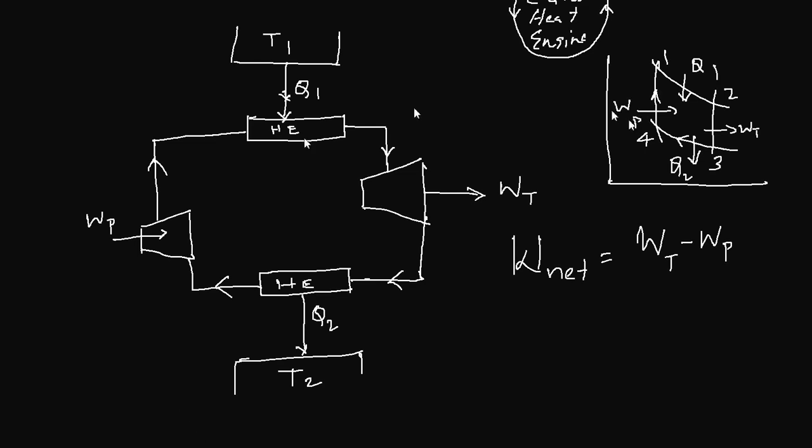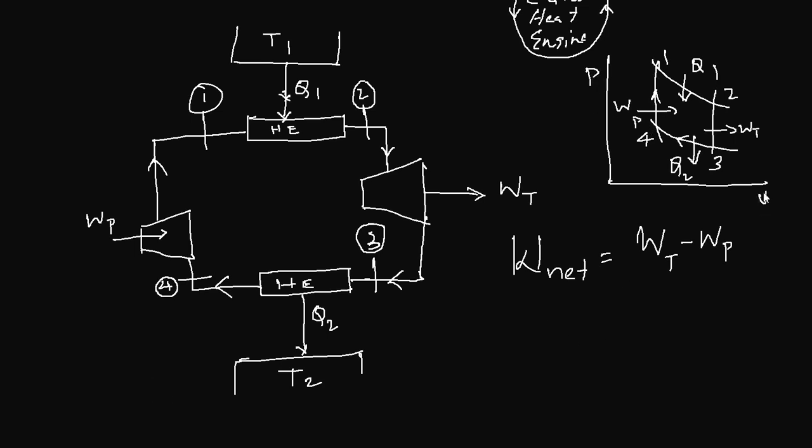That's exactly what's happening here. Let's call this 1 and 2, that's 2 here, and you have point 3 here and your 4 here. So 4 to 1 is the pump work that is shown here.